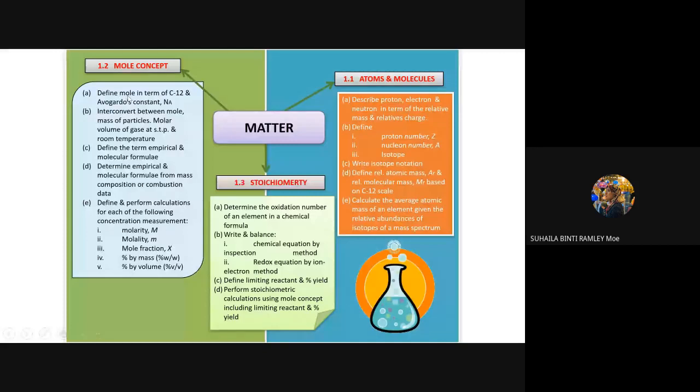For 1.2, we have Avogadro constant, interconvert between mole, molecules, ion, and molar volume at two different conditions, STP and RTP. Then we define empirical and molecular formula and calculate them from different types of question. Last, define and calculate the five concentration measurements: molarity, molality, mole fraction, percentage by mass, and percentage by volume.